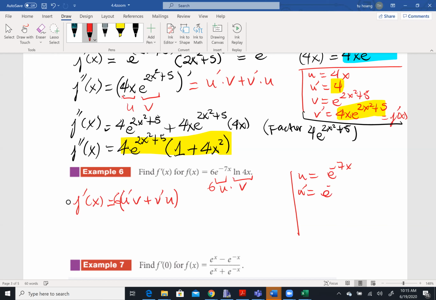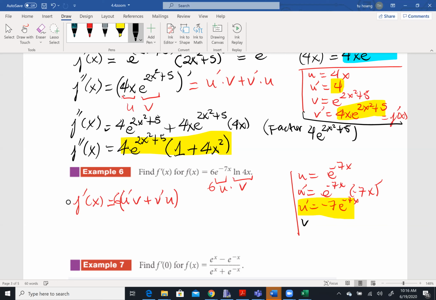Itself, e to negative 7x, multiplied with the power derivative, so the derivative of negative 7x. That gives u prime equal to e to negative 7x times negative 7. I would love to put the negative 7 in the front to make it more organized, so negative 7 times e to negative 7x. That should be the u derivative.